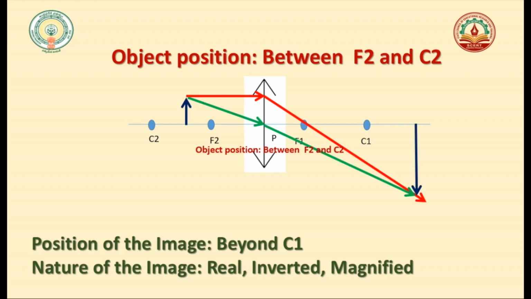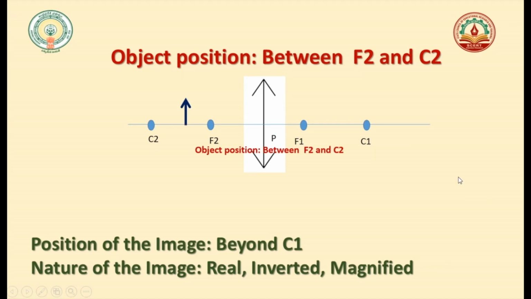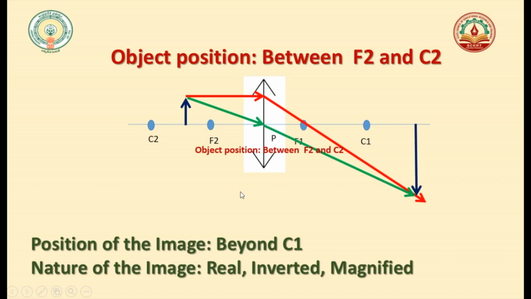From the point of intersection, a normal was drawn to the principal axis. I selected a point on the object; the first ray parallel to principal axis after refraction goes through focus, the second ray through pole is undeviated. From the point of intersection, a normal was drawn. Here you can see this is the image.